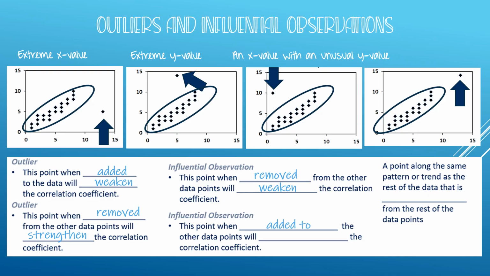But if it's added to, like it is right now, to the other data points, it's going to strengthen the correlation coefficient. A point along the same pattern or trend as the rest of the data that is distant from the rest of the data points is definitely going to influence the correlation coefficient.